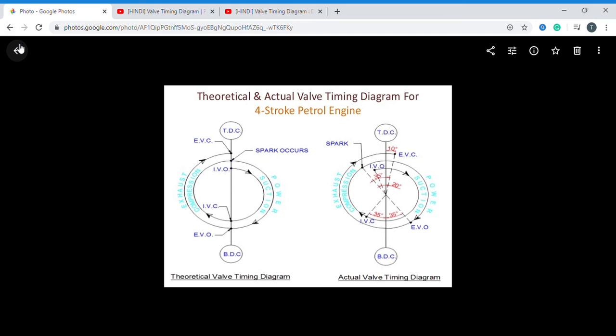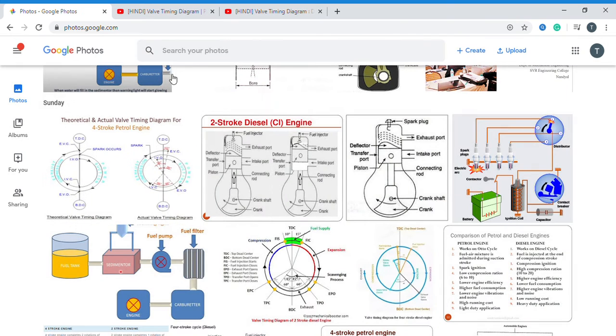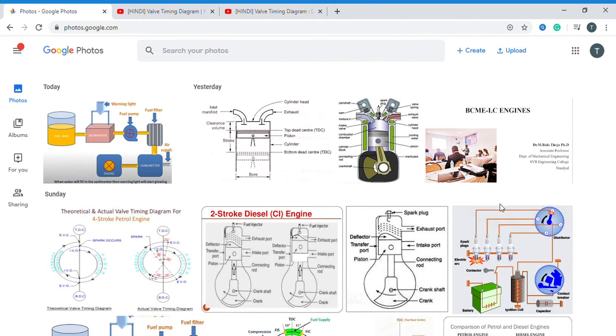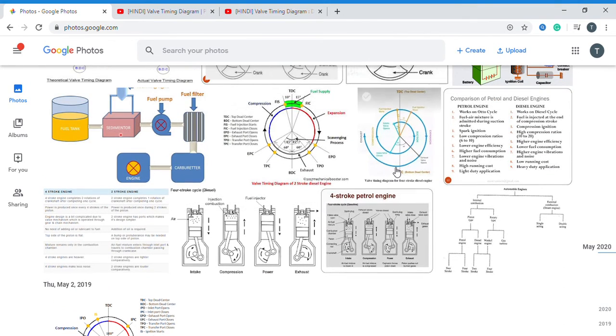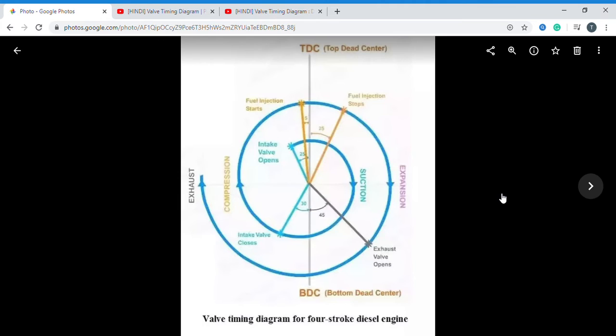Now, the four-stroke diesel engine valve timing diagram. So same four-stroke, also same type, the little difference is there. So here you can observe, this is TDC, this is BDC.